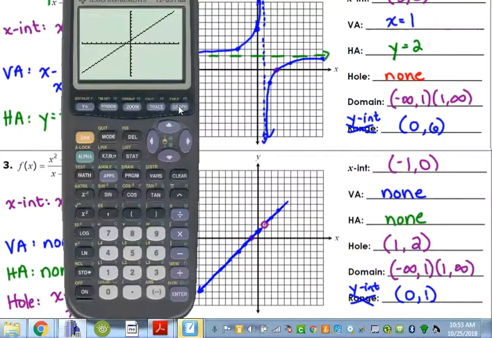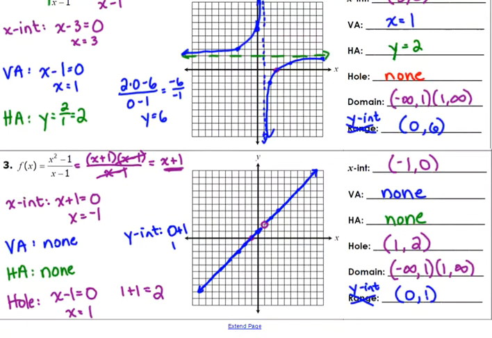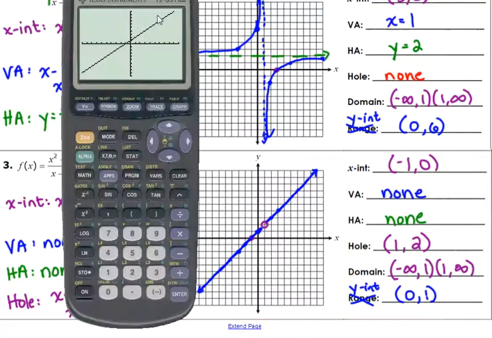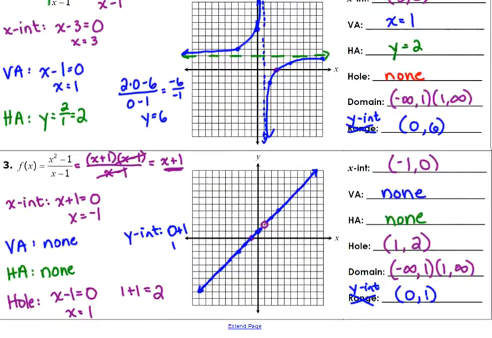Well, that's how it's going to behave. If it simplifies to a linear function, it's going to look like a linear function. Okay, just make sure that when you graph it, that you don't run through your hole there. You got to leave that open space because it's not actually defined at that point. Notice you can't see that on here. And no matter how far you zoom in, you can't see it. So you got to know how to be able to find it.